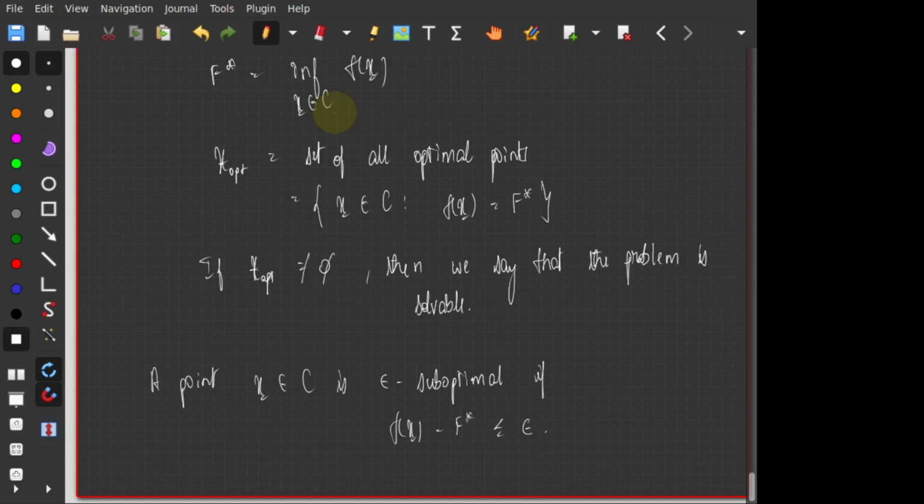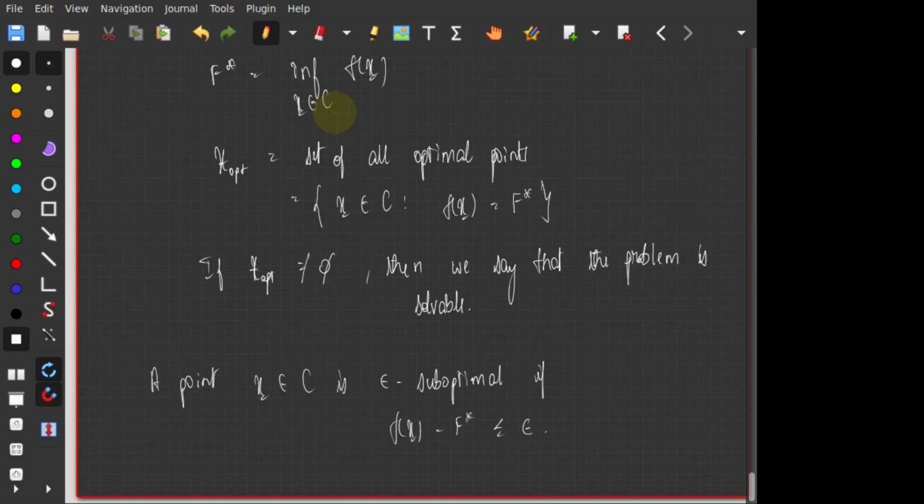So for example, let's take f of x equal to minus x. Okay, it's a convex function. It's basically linear, right? And what is the minimum of minus x?